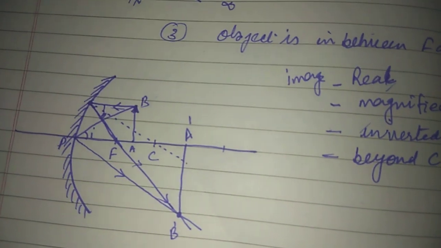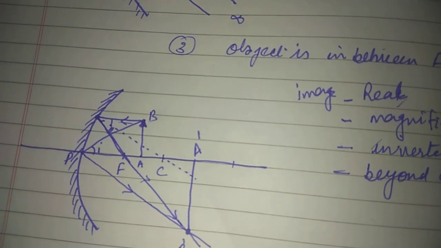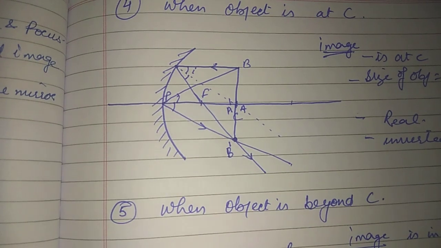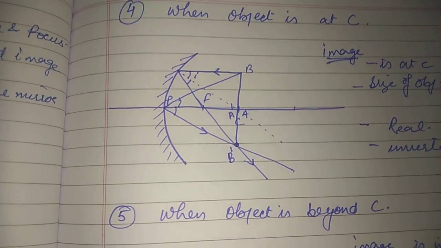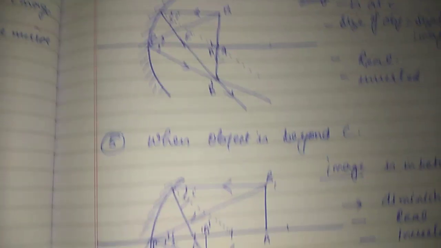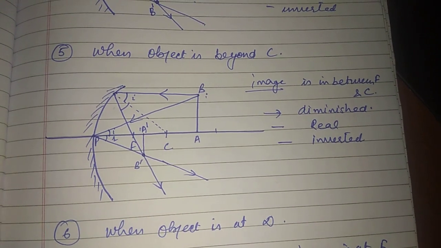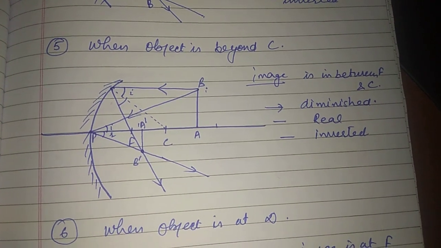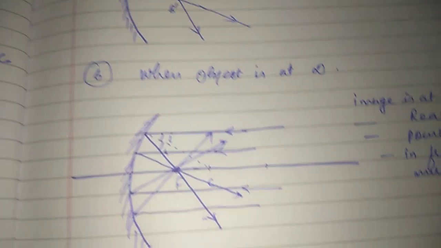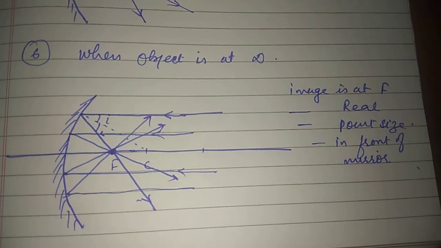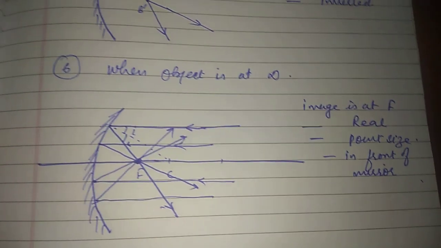And third case, when the object is between focus and center of curvature, the image is beyond C. And when the object is at C, the image is also at C, and the size of the image and object are the same. And in this case, when the object is beyond C, the image is between F and C and diminished in size. And here in this case, when the object is at infinity, the image is at the focus of the mirror.